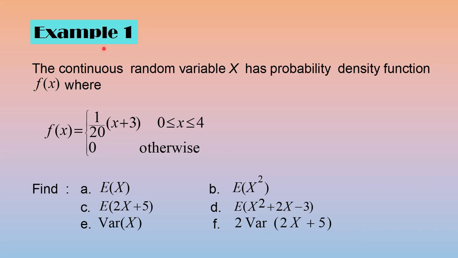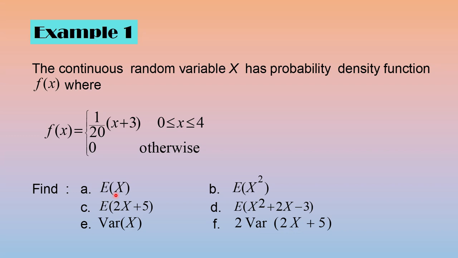Okay, let's continue with example 1. The continuous random variable X has probability density function f(x), where f(x) is equal to (x plus 3) over 20 for x more than or equal to 0, less than or equal to 4. Otherwise, the function is 0.